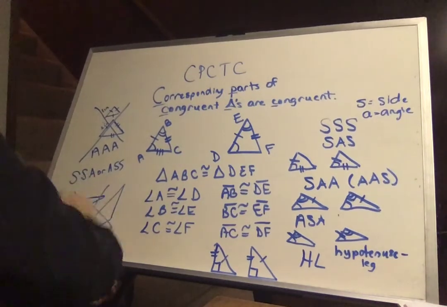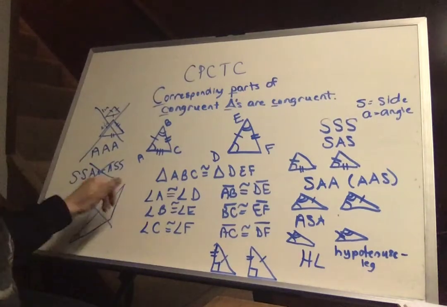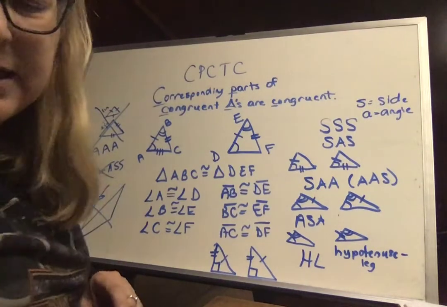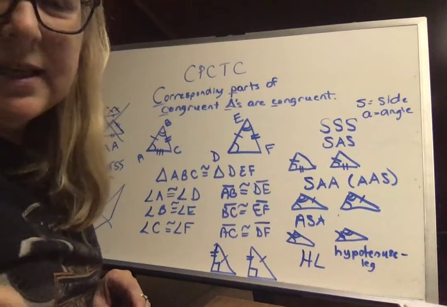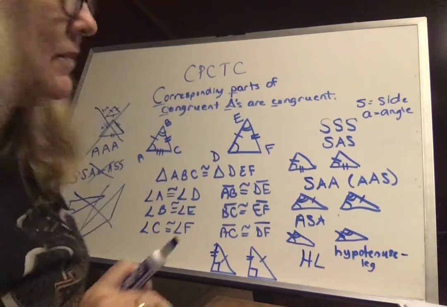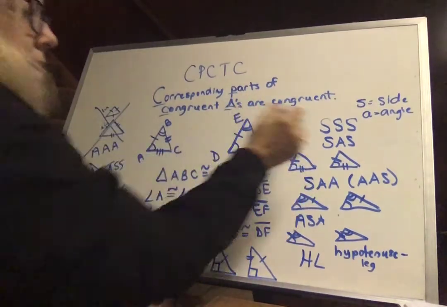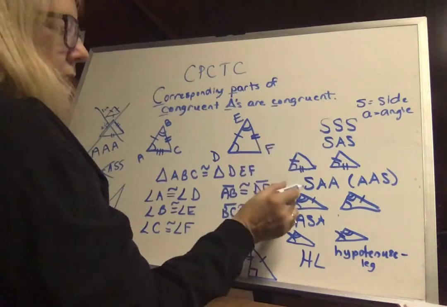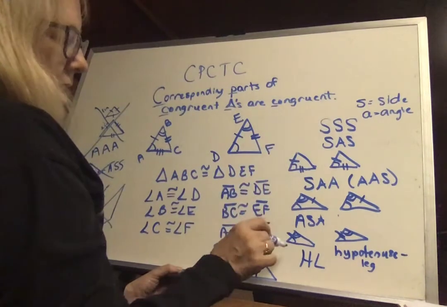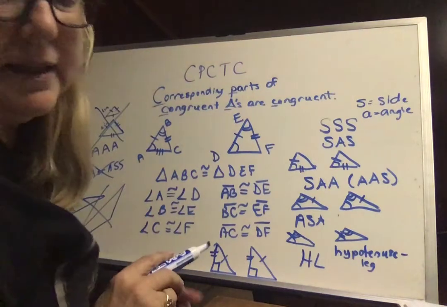So side, side, angle cannot be used. Just those that I was showing you. These 5: side, angle, side; angle, angle, side; angle, side, angle; and hypotenuse leg.